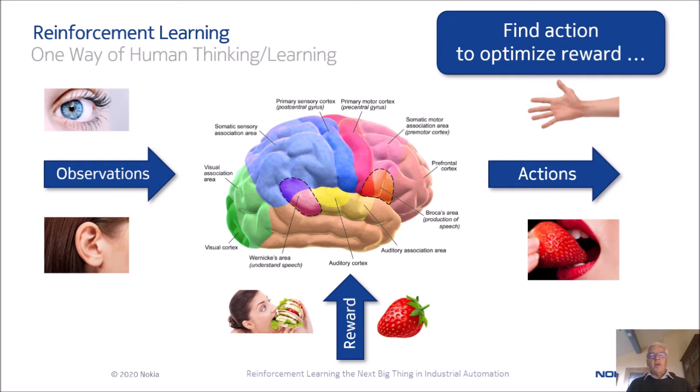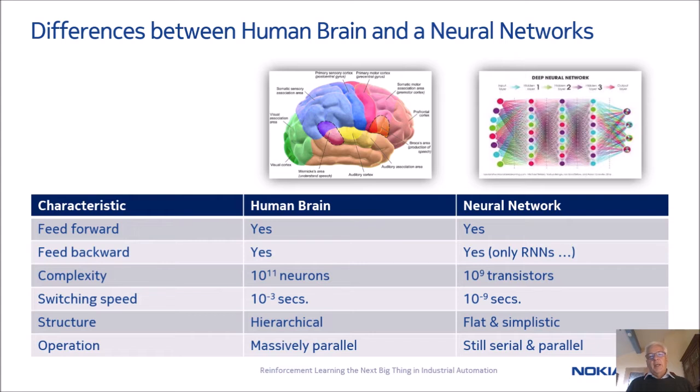So we have a lot of similarities between machine learning and real thinking in a human brain, but there are also differences. I'm sure you know that a neural network is an attempt to imitate human thinking. And if you compare those different approaches in detail, you will see a lot of similarities.